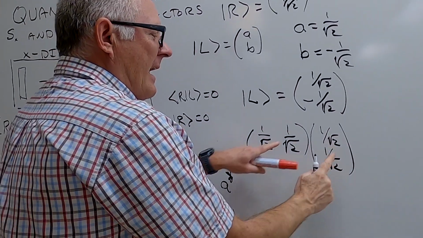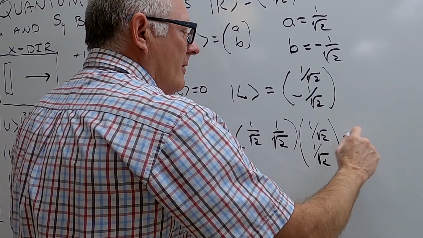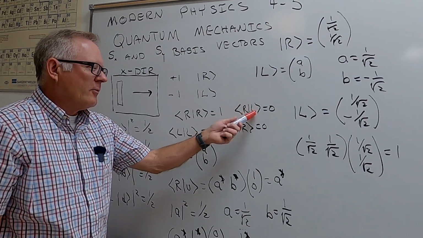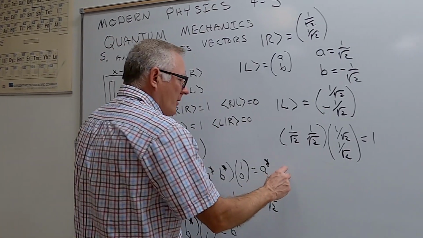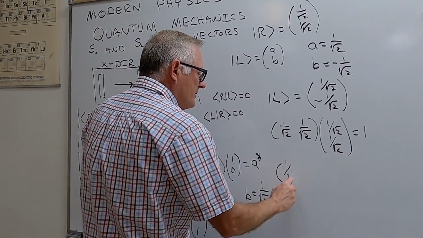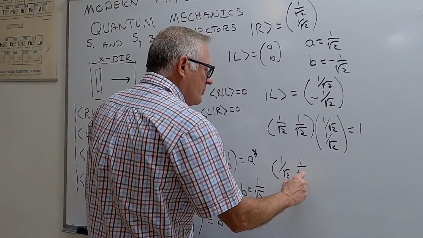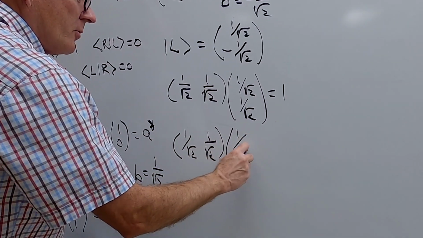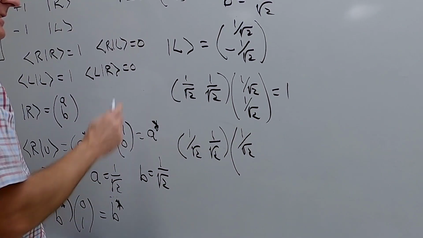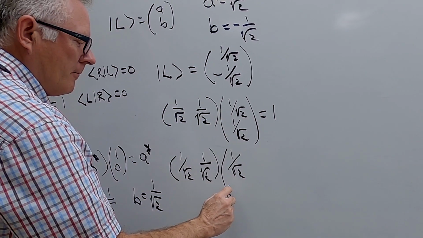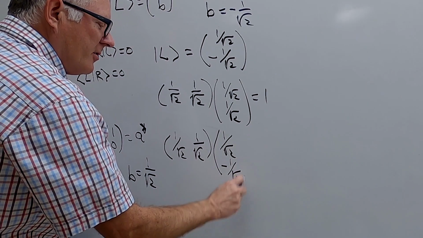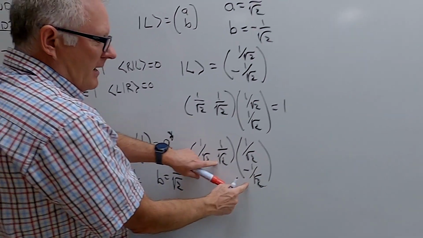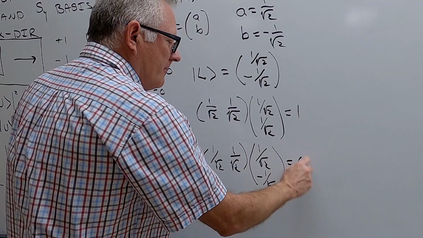We get 1/2 plus 1/2, which is 1. And then if we do right with left, we get 1 over the square root of 2, 1 over the square root of 2, with left, which is 1 over the square root of 2, minus 1 over the square root of 2, because we said the second one was minus. Which is a half minus a half, which is 0.